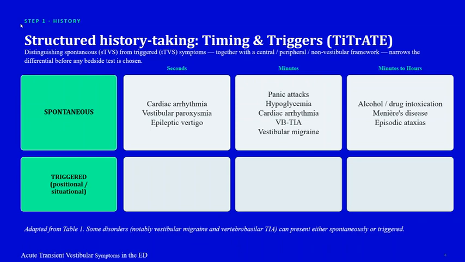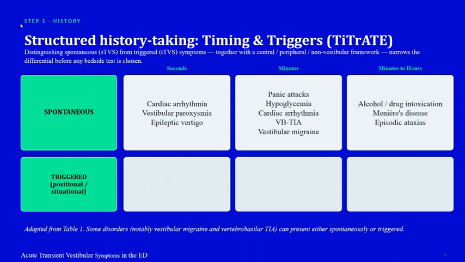For minutes, the spontaneous episodes could be panic attacks, a dissociative illness, hypoglycemia, cardiac arrhythmia, vertebrobasilar TIA, and vestibular migraine. Minutes to hours is alcohol or drug intoxication, particularly diphenylhydantoin sodium intoxication, Meniere's disease, and episodic ataxia, especially the newly emerging spinocerebellar ataxia 27B.